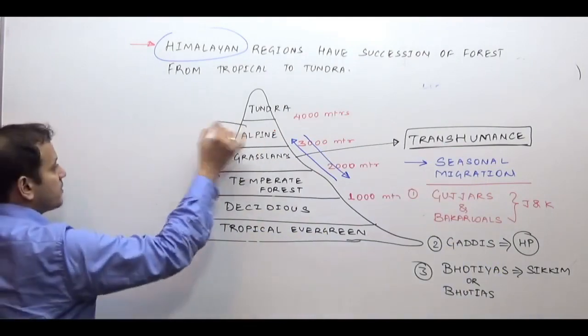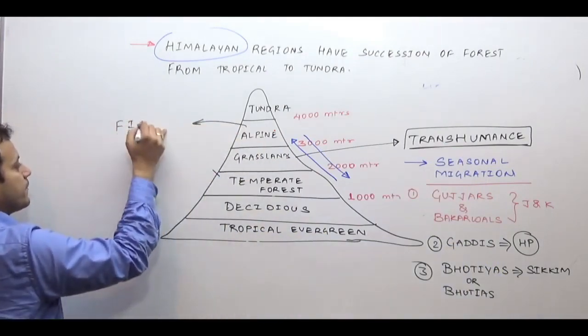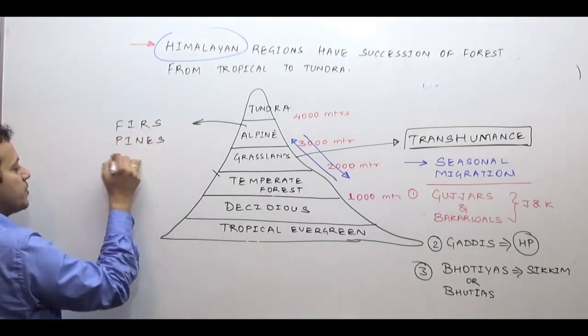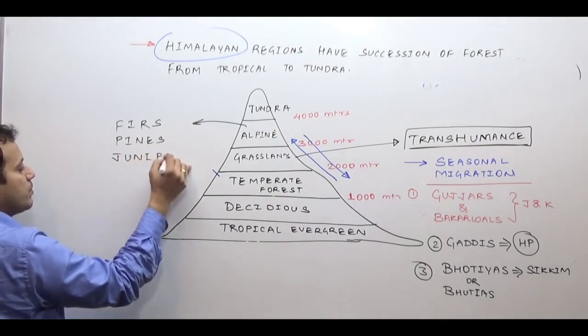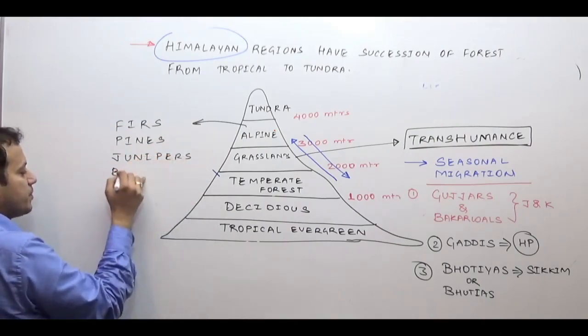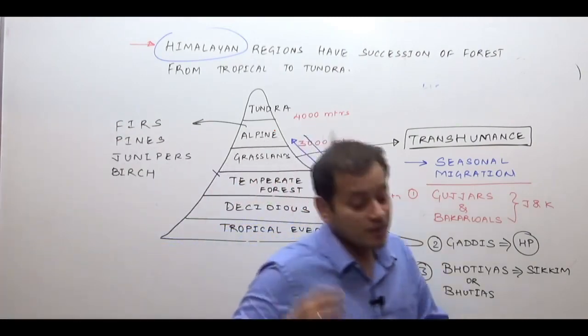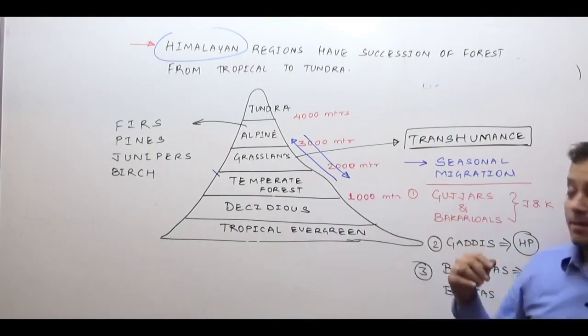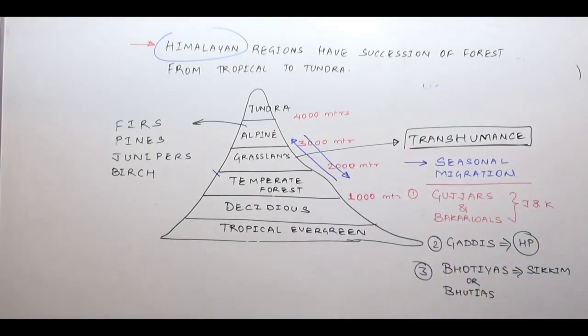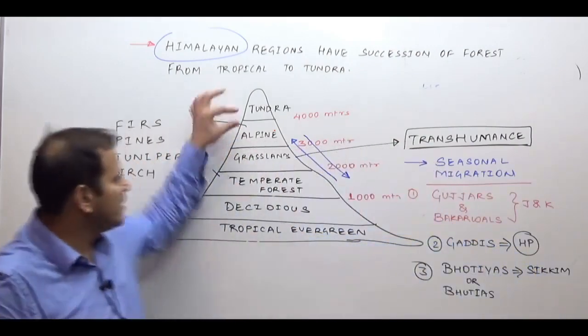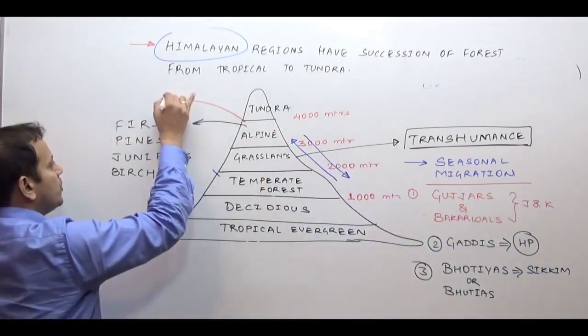These are firs, pines, junipers, birch. These are the important tree species in the alpine regions of the Himalayas. And if you go still higher, in the higher regions, you will find rhododendrons.